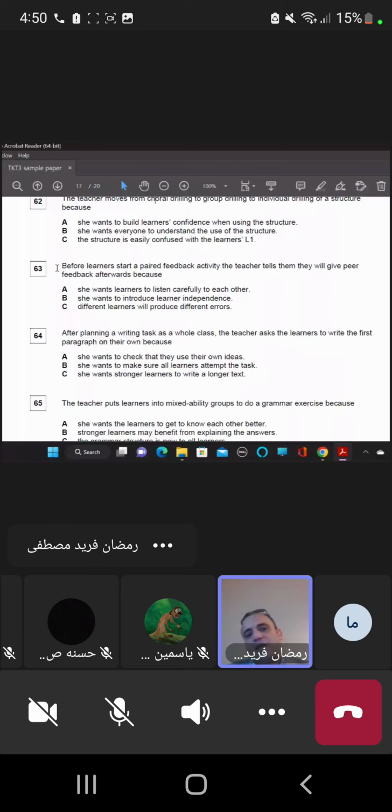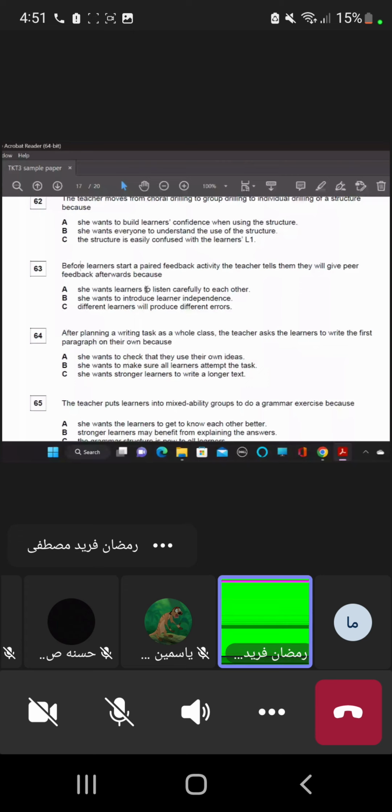Okay. Before learners start a paired feedback activity, a paired feedback activity means the teacher will put every pair together and then ask them to do something like a role play, for example. Before she tells them to start this paired feedback activity, what will she tell them?